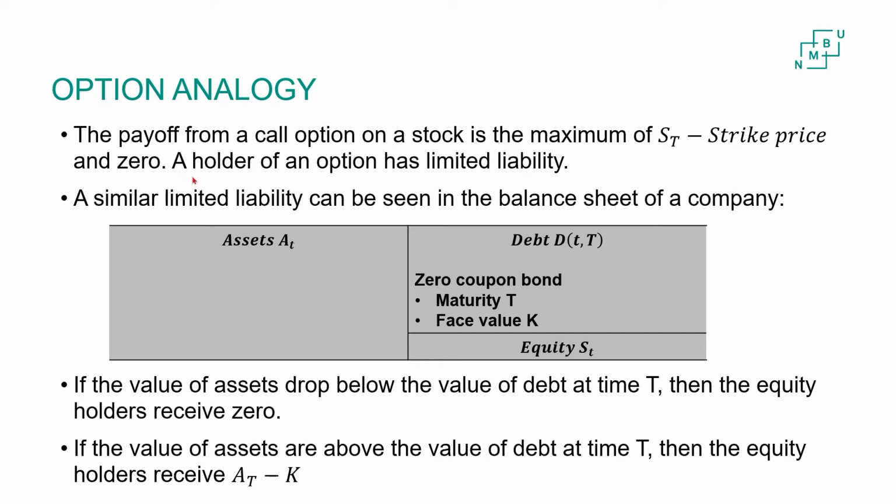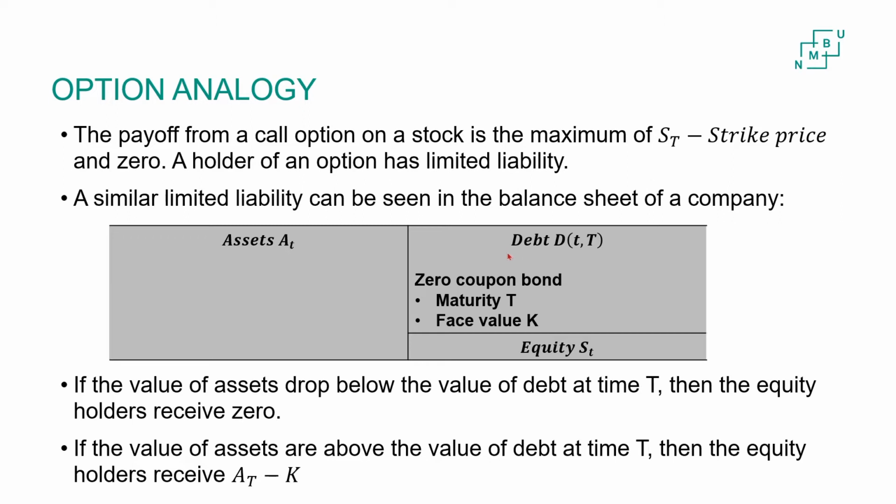And a similar limited liability can be seen as you look at the balance sheet of a company. The equity holders are in effect holding a call option on the assets of a company with a strike price of the face value of the debt. So what does this mean?